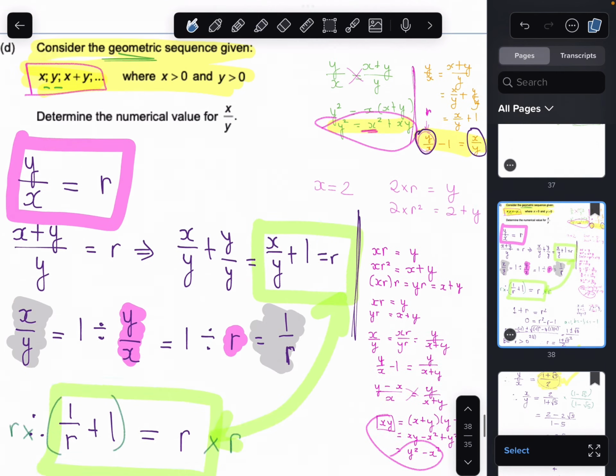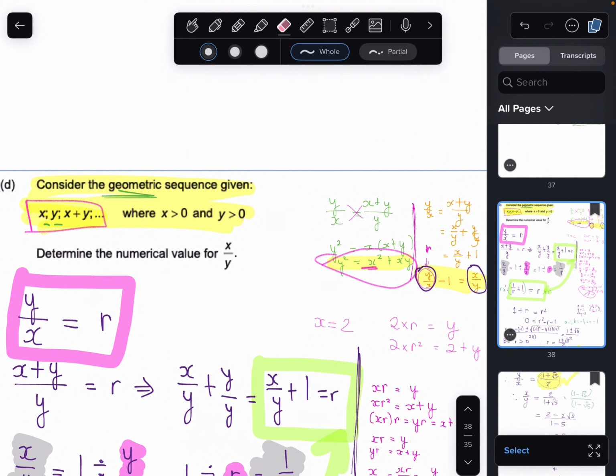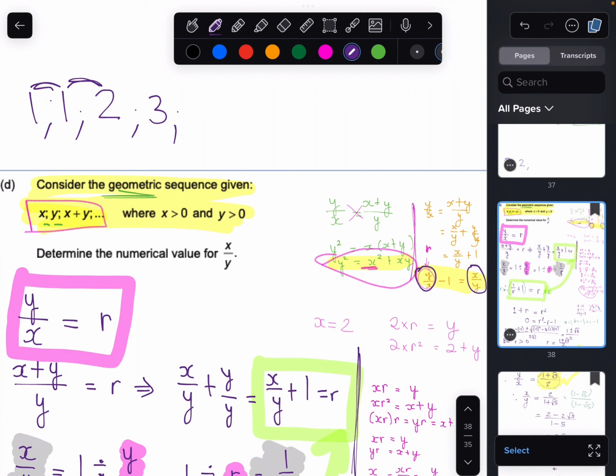And looking at the sequence now, I'm just like, oh my goodness, of course. The Fibonacci sequence is a sequence where the next term is determined by the sum of the two previous terms, right? So if you have 1 and 1 as your first two terms, then the next one is 2, the sum of these two. And then the next term will be 1 plus 2, which is 3. And then the next term will be 2 plus 3, which is 5, and so on.